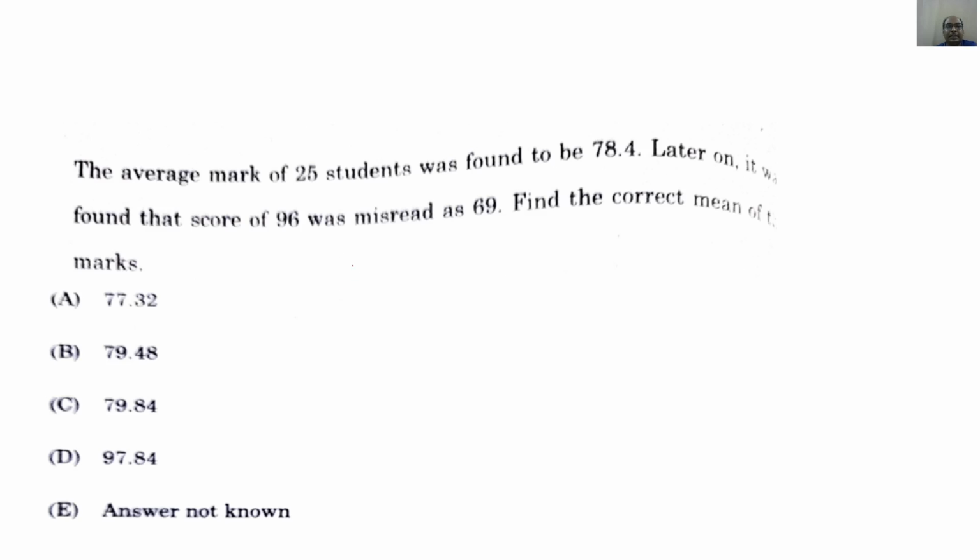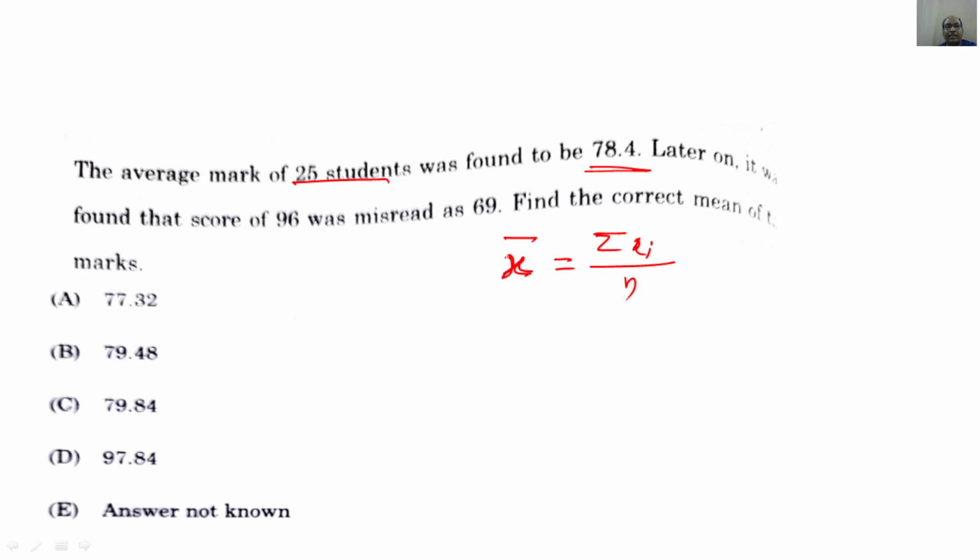This is from the mean question, statistics. The average mark of 25 students was found to be 78.4. How is that mean found? Mean x bar is equal to sigma xi divided by number of data, frequency or number.